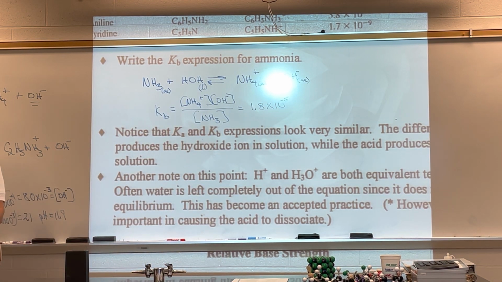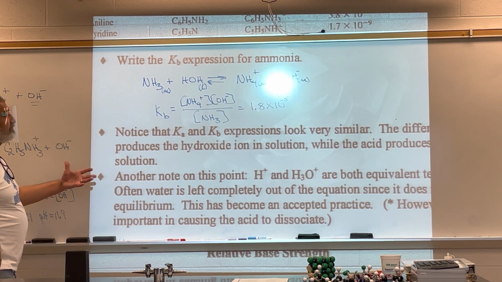Turns out acetic acid is the most common weak acid. Its Ka is 1.8 times 10 to the minus 5. Ammonia is the most common weak base, and its Kb is 1.8 times 10 to the minus 5. I don't know how or why that works out that way. It's just one of those miracles of nature and science.